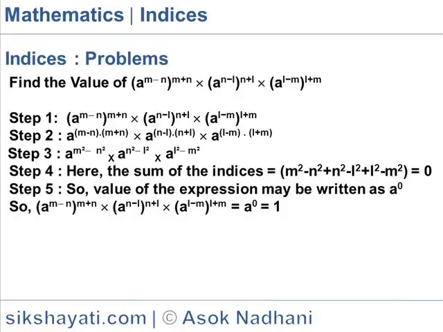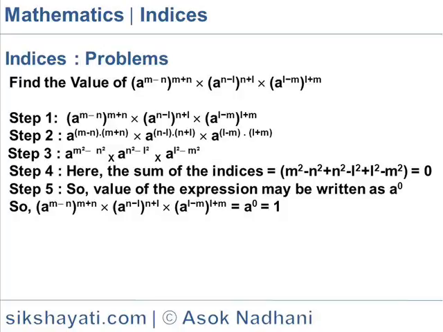So in step 3 you get the values a to the power m square minus n square into a to the power n square minus l square into a to the power l square minus m square. So now you can add up the indices.